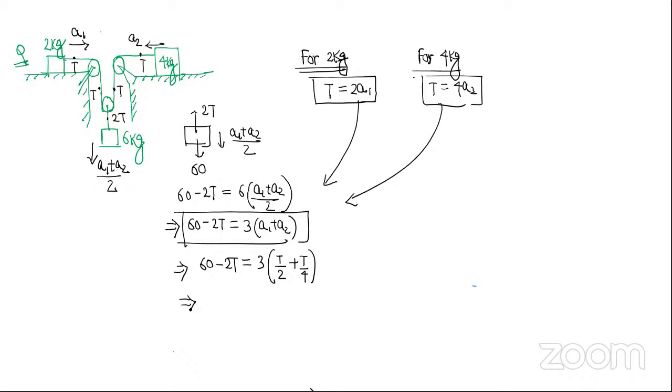So see how much it is. It is T by 2 plus T by 4, 2T by 4, 3T by 4. So 60 equal to 2T plus 9T by 4. So this is 4 into 2, 8, 9, 17T by 4. And then T is 4 into 60 by 17, that is 240 by 17.